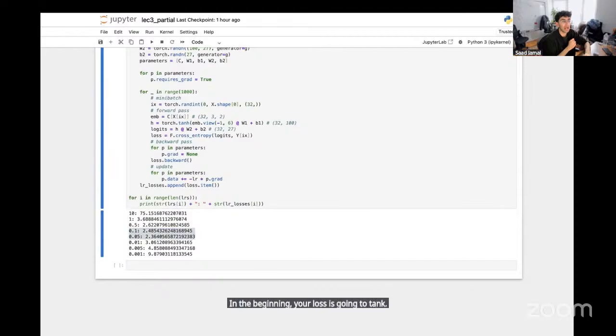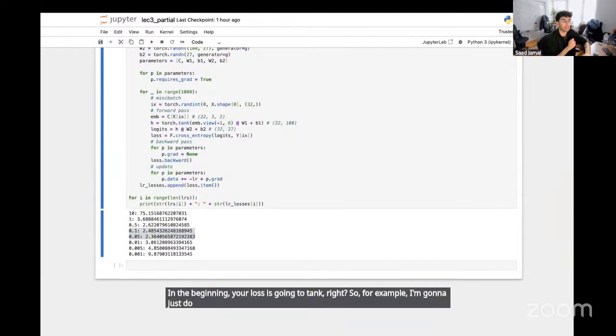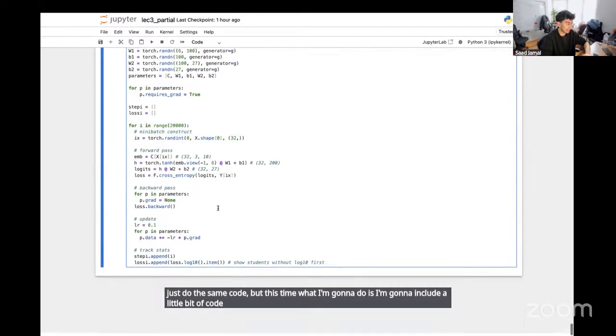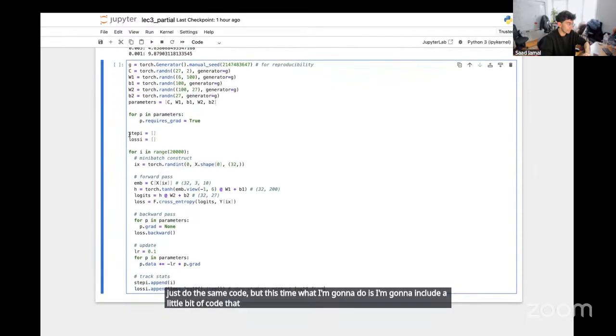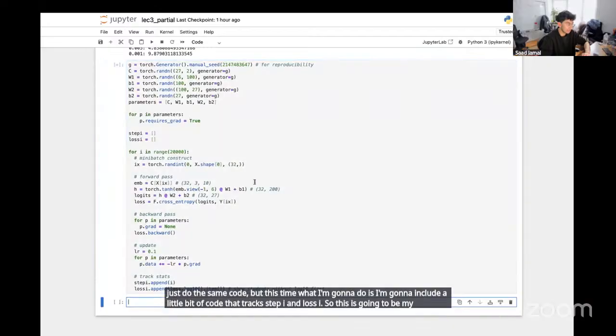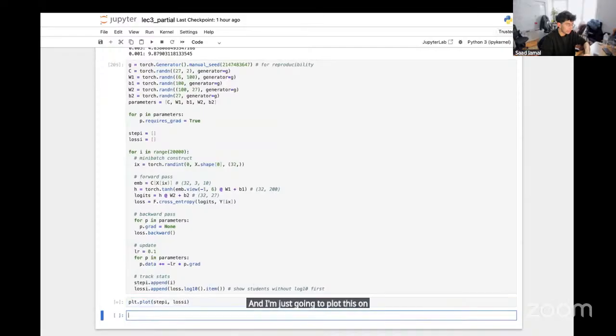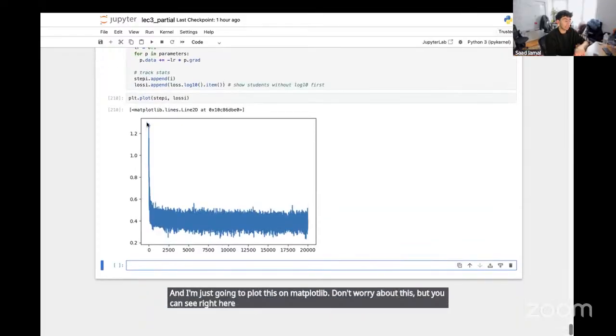So I'm going to run this same code, but this time I'm going to include a little bit of code that tracks step i and loss i. This is going to be my losses for each of my steps, and I'm just going to plot this on matplotlib. Don't worry about this. But you can see right here, in the beginning our loss is really, really high because we just have random weights. And then boom, immediately it jumps all the way to the bottom.